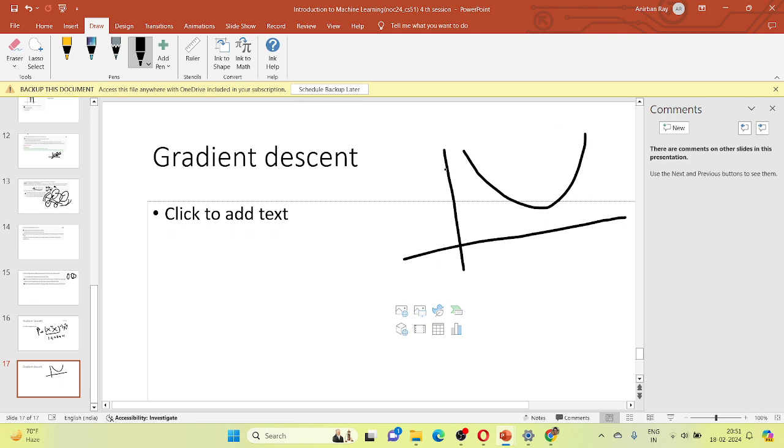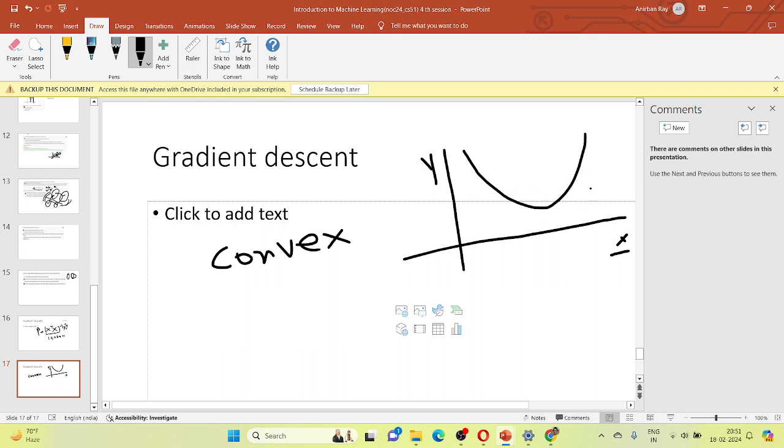So this is our, suppose a function. Okay, a convex function. As you can see, I have only one dimension in x, that is why it is plottable in 2D.